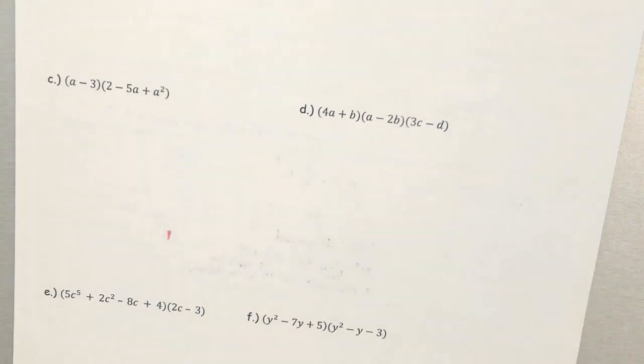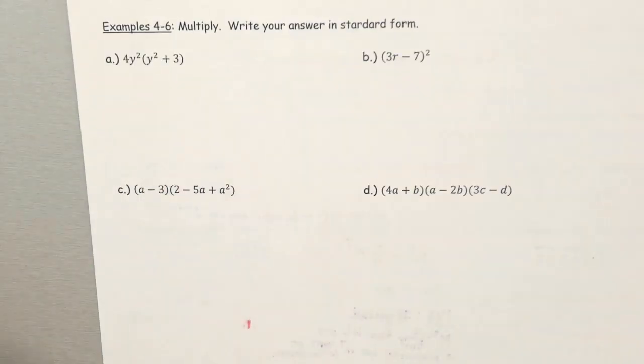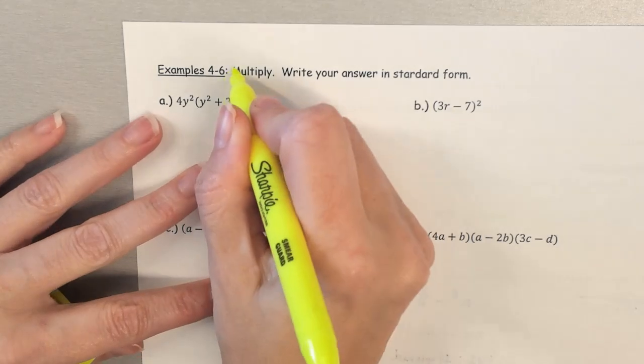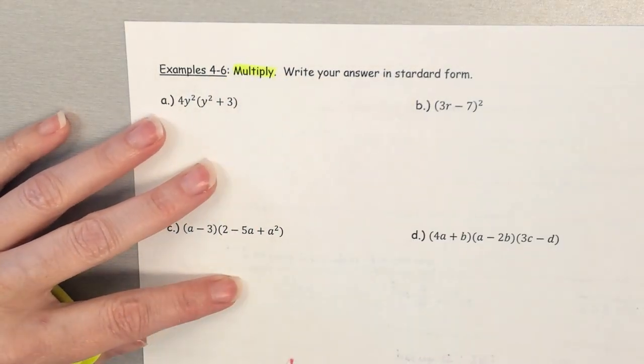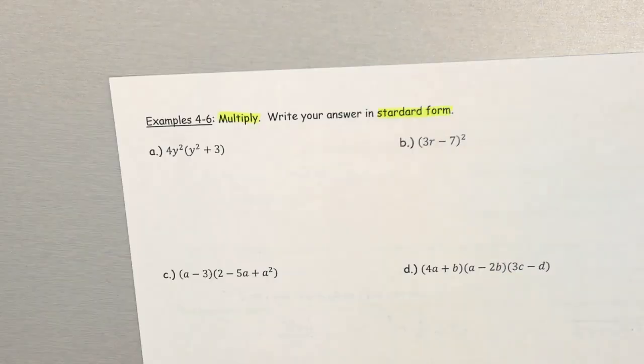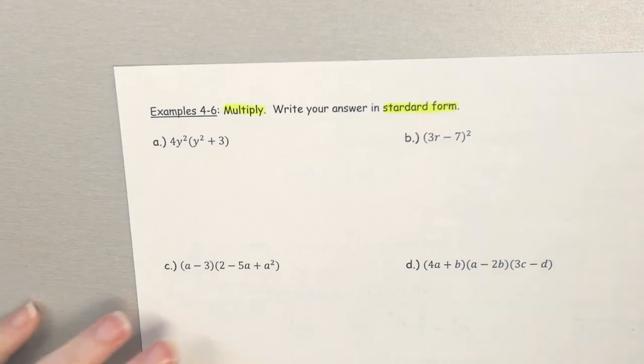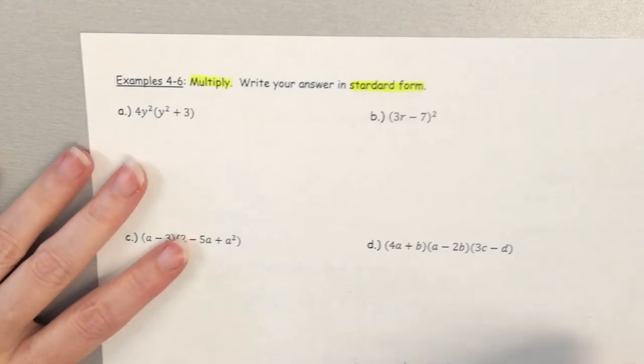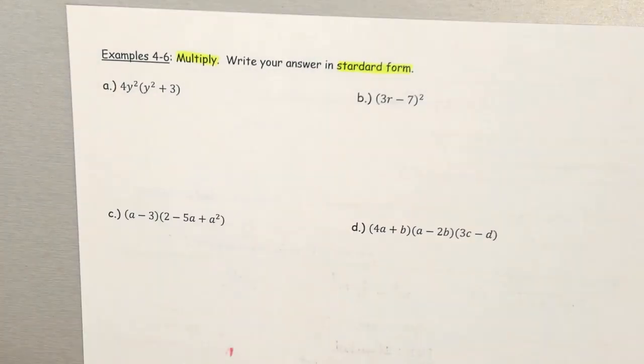All right, now we get to multiply. So when you multiply, you are really doing some type of distribution, and that could be something that's FOIL. When you're writing it in standard form, the standard form is only going to apply if you have more than 2 variables.